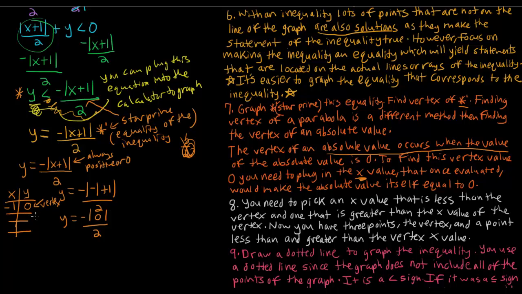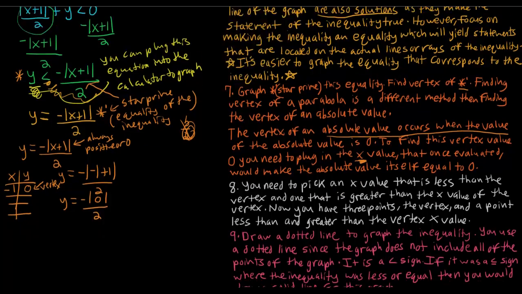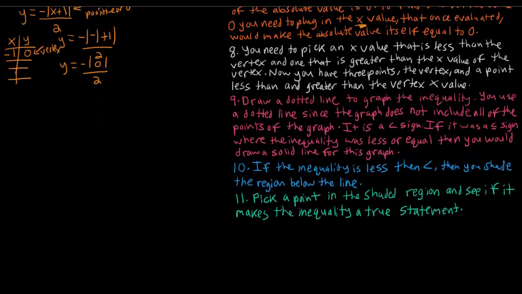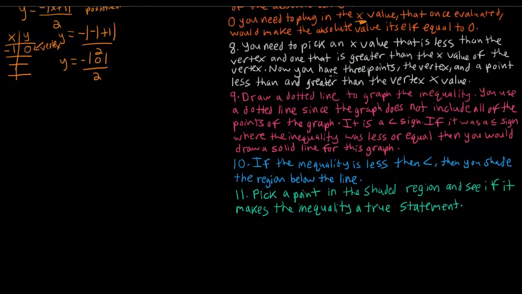Now, the next step, step 8, now that we have our vertex, is because we're dealing with absolute values, they have a negative side and a positive side. So we need to pick an x value that's less than the vertex.